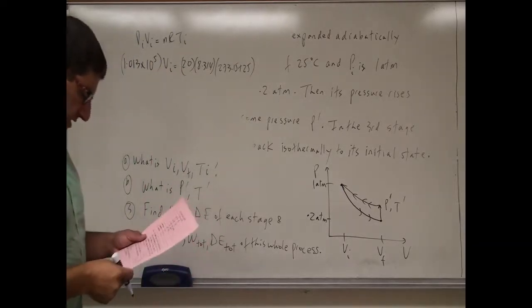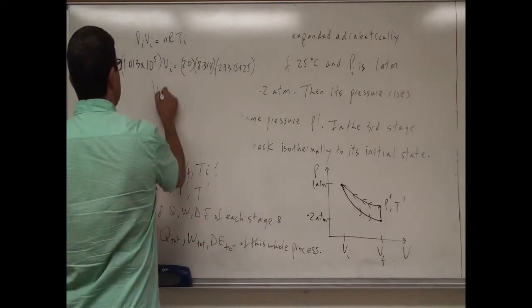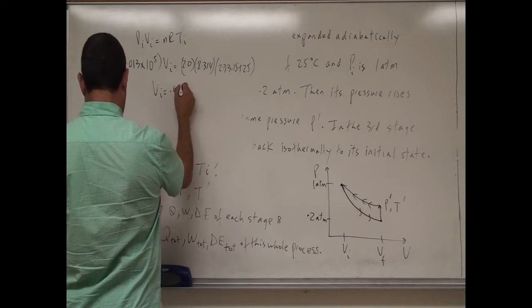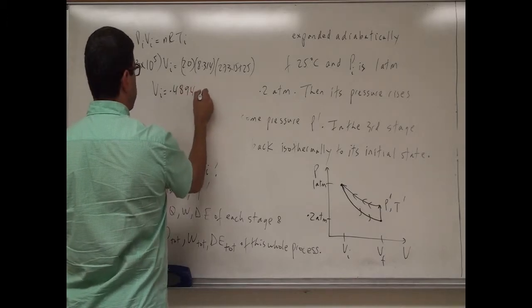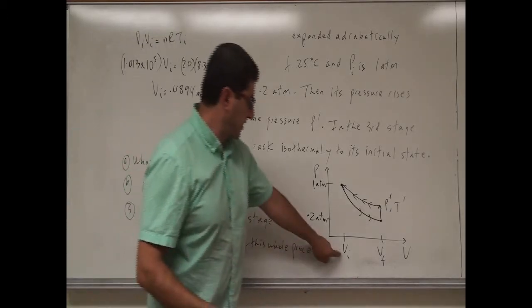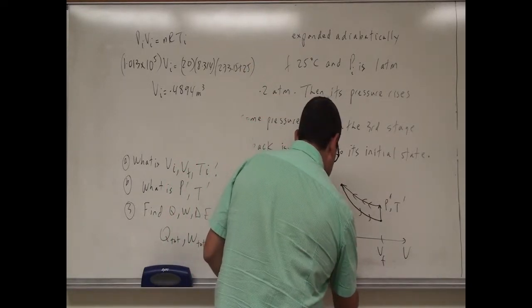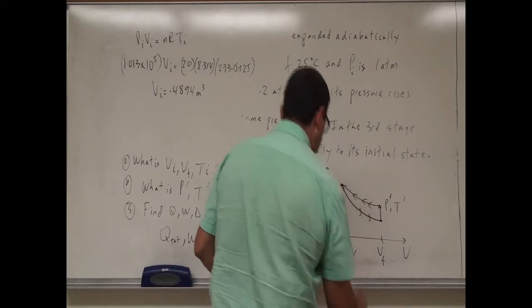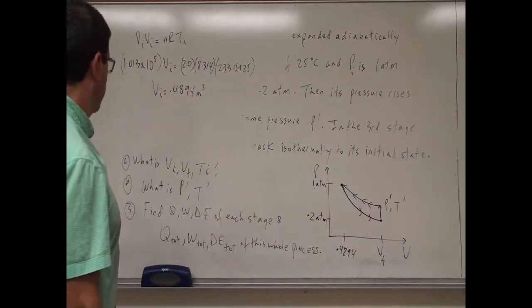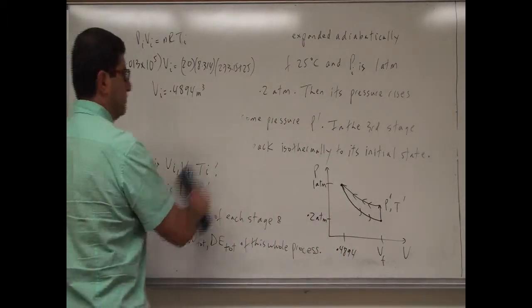We put this all in and we calculate the initial volume. V initial is 0.4894 meter cubed. So that's going to be the initial volume here, 0.4894 meter cubed.